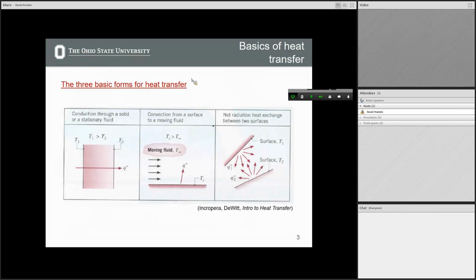The main thing to understand here is that there are 3 basic forms of heat transfer. Is this ringing a bell for some of you? The first one is conduction. Conduction is the idea that you can have heat transfer through a solid. For example, if you put a piece of metal in a fire, and you have your hand on that piece of metal long enough, you're going to have to drop the piece of metal, right?